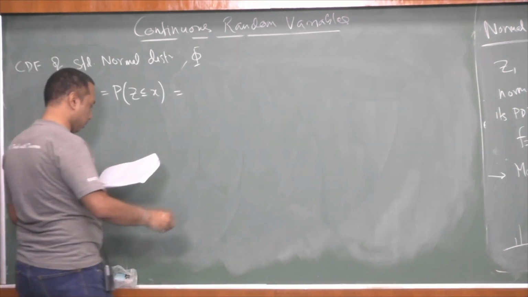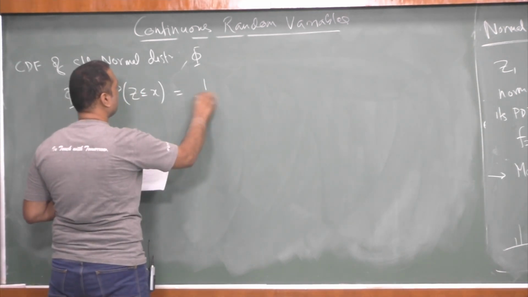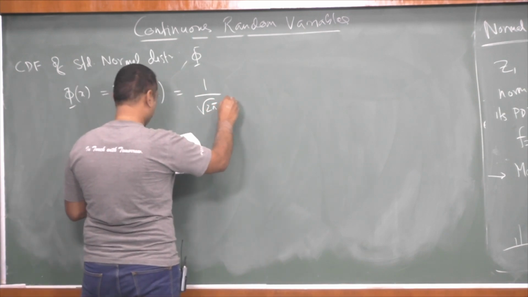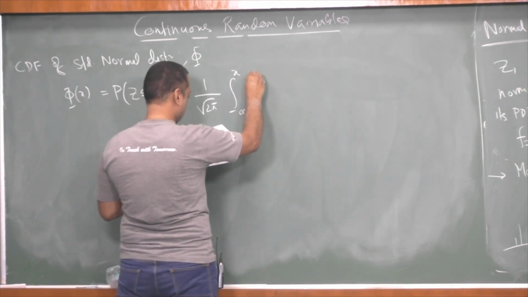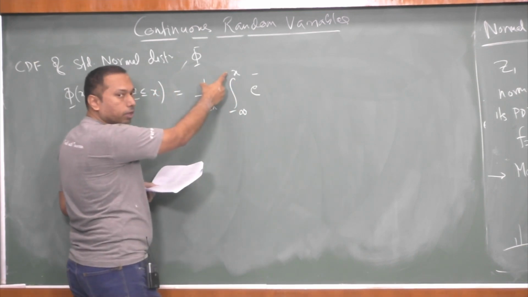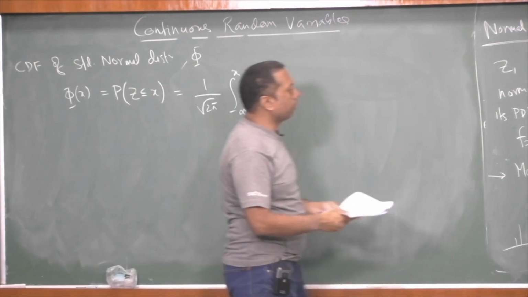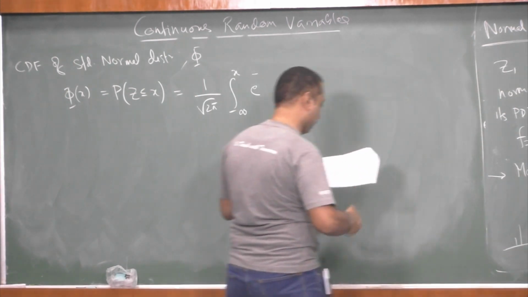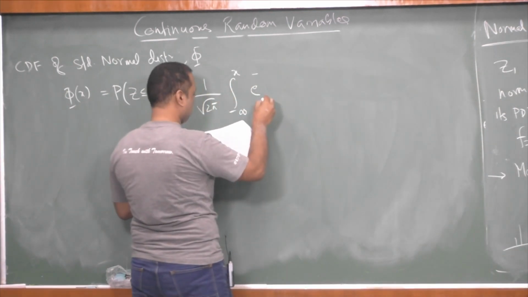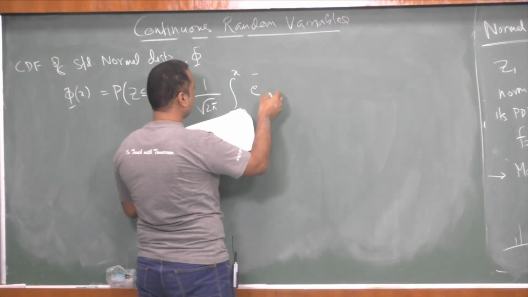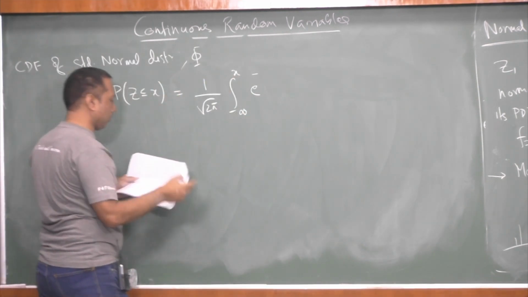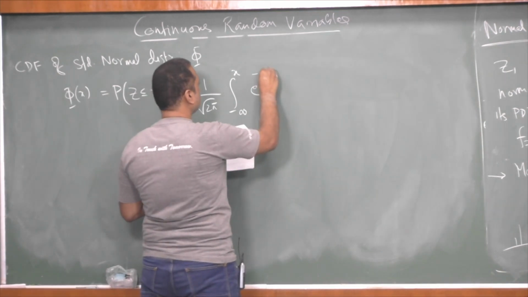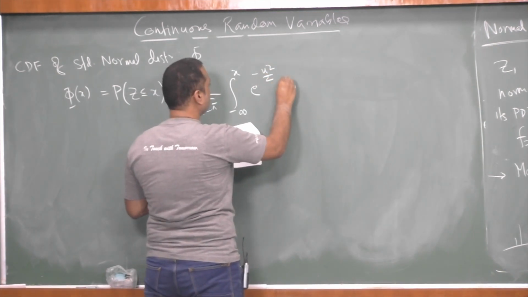So 1 by square root 2 pi comes out, and then we have the integral from minus infinity to x of e to the minus u square by 2. Since x is in the limit, let us change the inner variable to u, so e to the minus u square by 2 du.